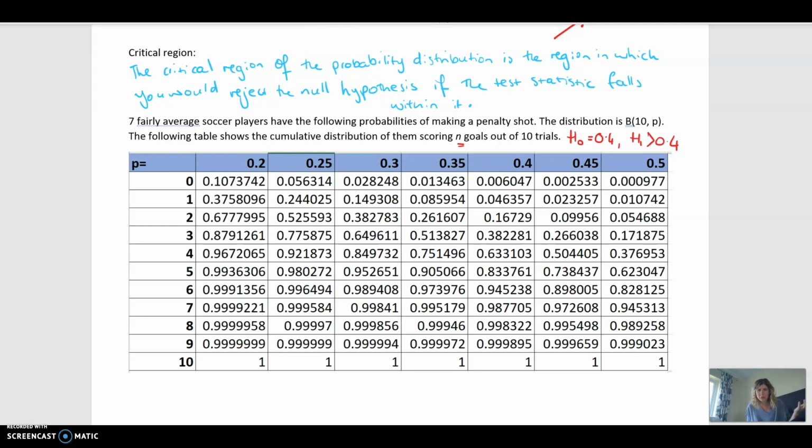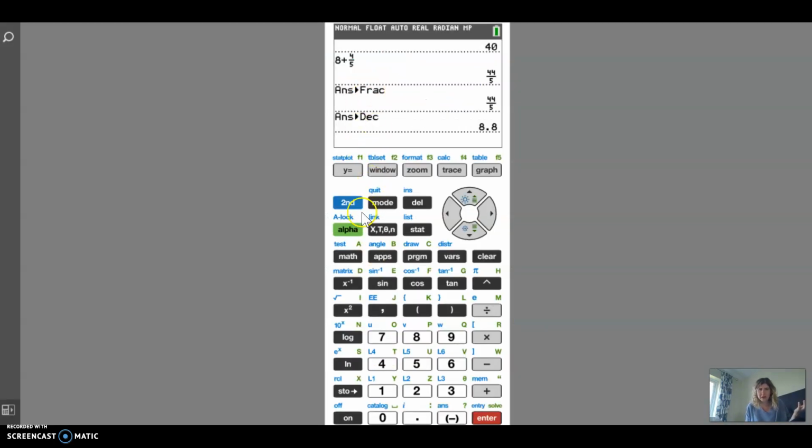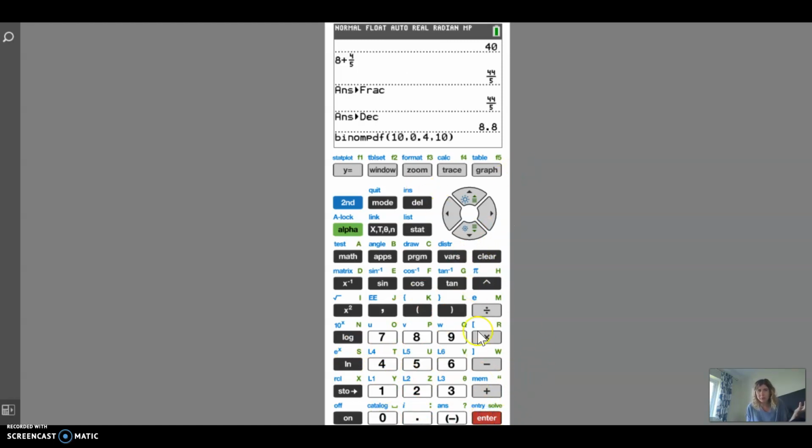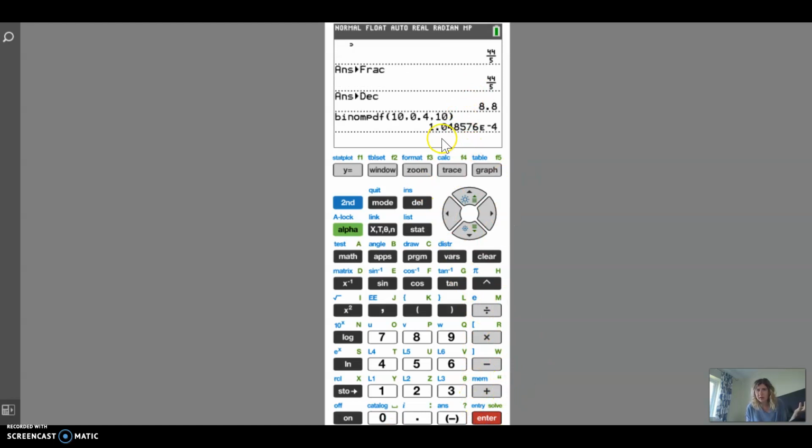But their actual probability of being equal to 10, if I do this on my calculator, using binomial PDF, with 10 trials, probability 0.4, and 10 successes, would give me a probability that's going to be really small: 1.04 times 10 to the power of negative 4.